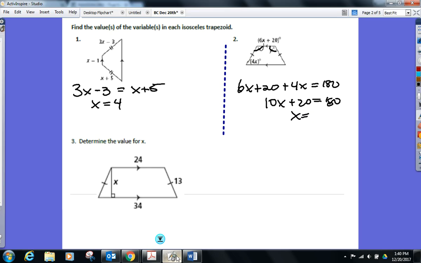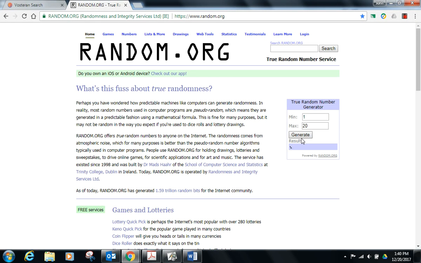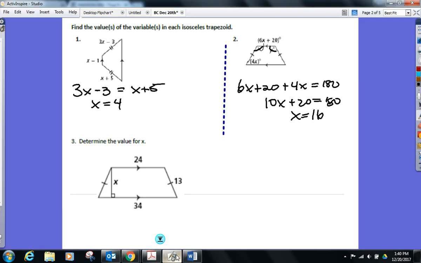What do we got? 12? 16. 16. There's also a y, though, isn't there? So now that I know x is 16, I'm going to ask for a plan to find y. How can you use that 16 to find angle y? Well, you can plug 16 in for x in 4x. Okay, into 4x? I'm listening.